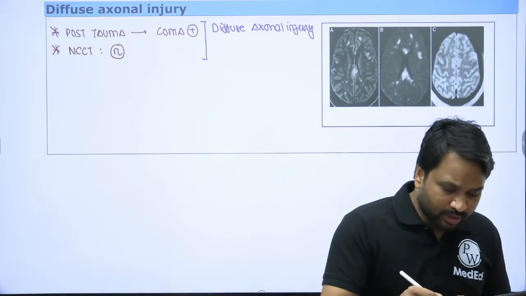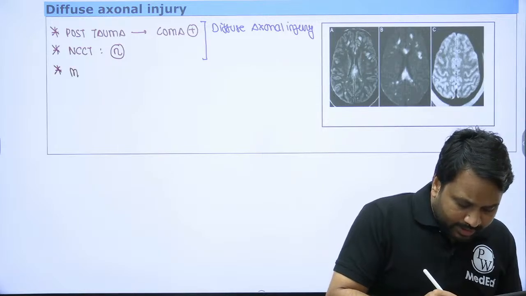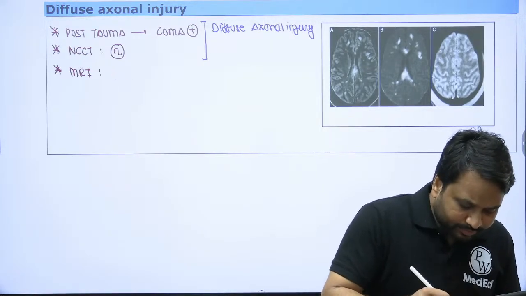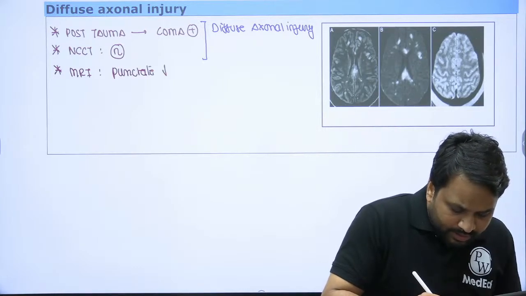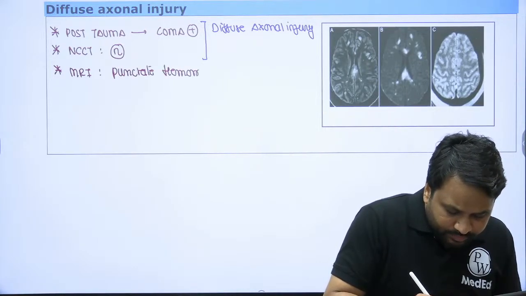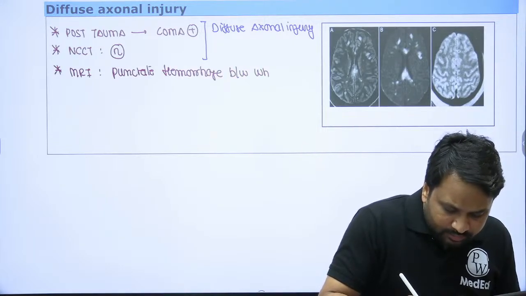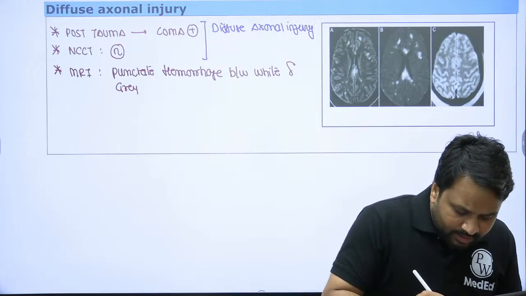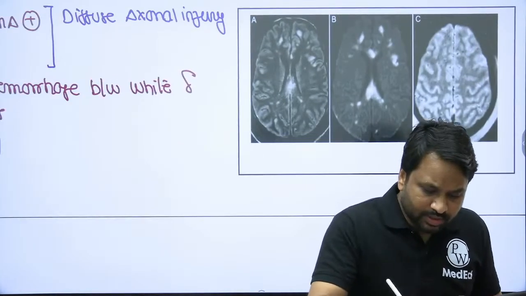CT is normal, but when you get an MRI done, as you have the image here, there will be presence of punctate hemorrhage between white and gray matter, which you can see.